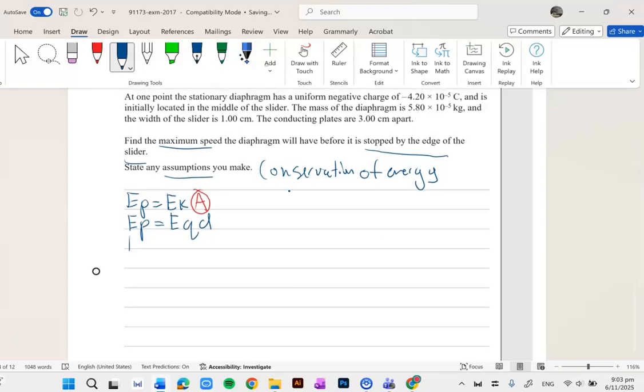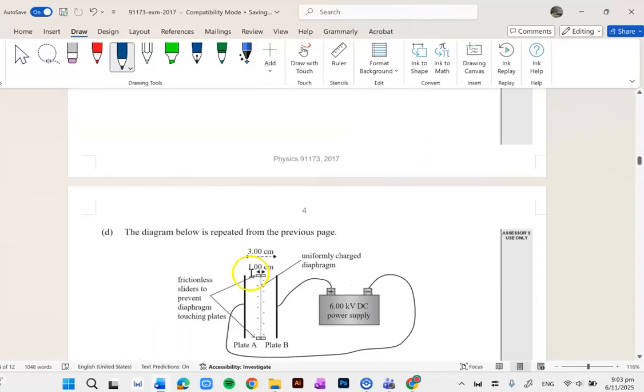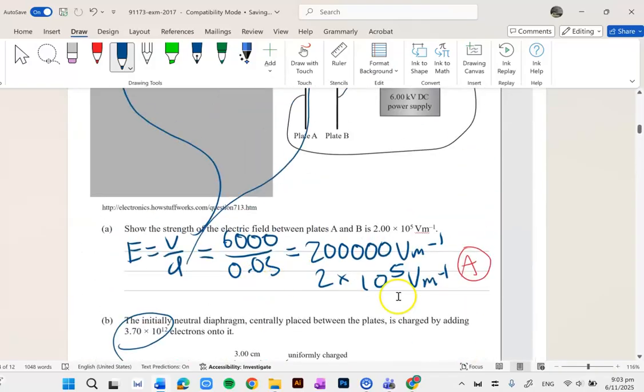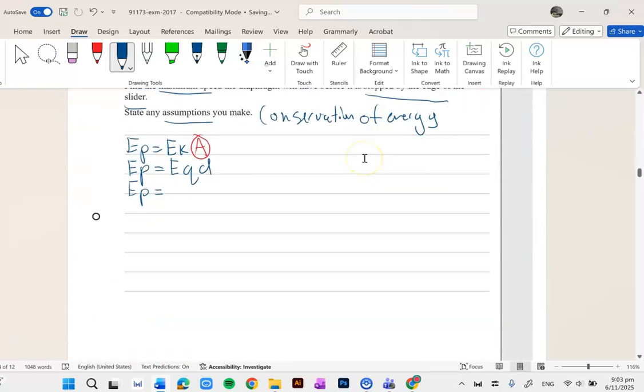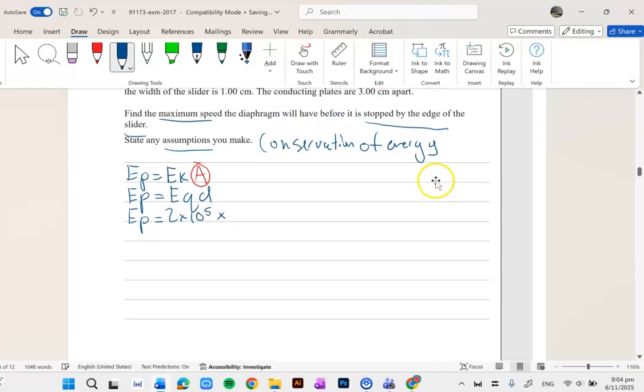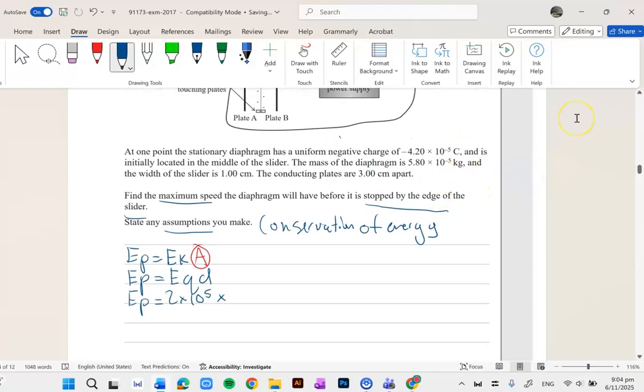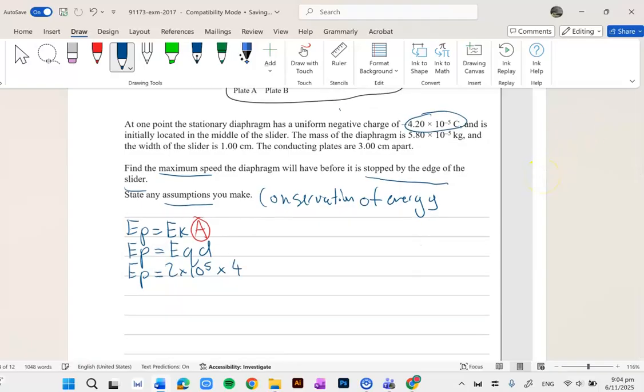That is going to equal the electric field strength, which is all the way back up here, 2 times 10 to the 5, or 200,000, times the charge, which is here. I'm just going to change it to a positive because I want to get a positive result, because I can't square root a negative number.